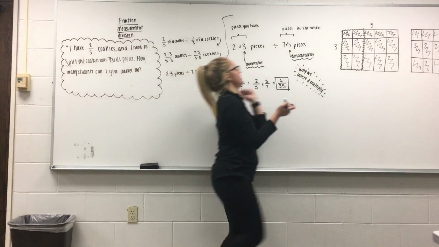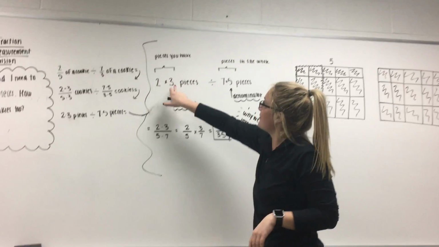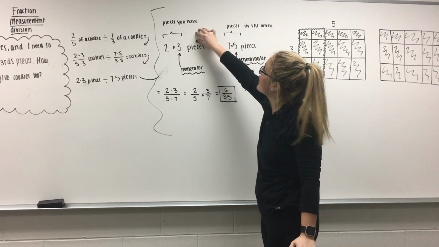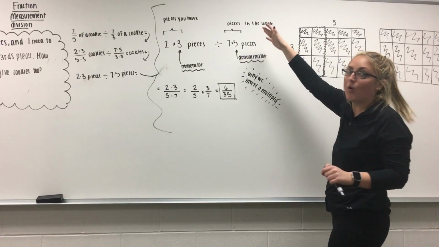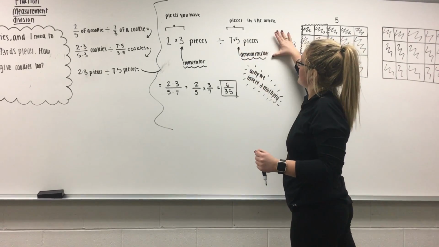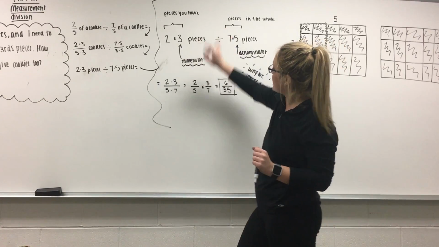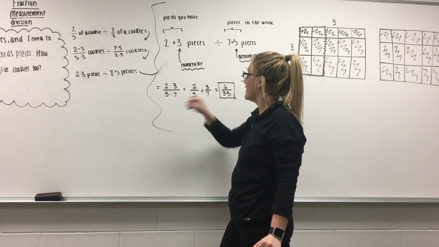We come over here to the greater picture, and we have, again, 2 times 3 pieces, and this is the number of pieces we have, because this becomes the numerator, divided by the pieces in the whole, which we know is the denominator, the 7 times 5, the number that goes on the bottom. So we do 2 times 3 divided by 5 times 7.